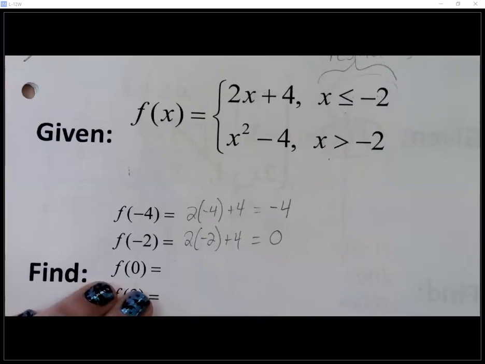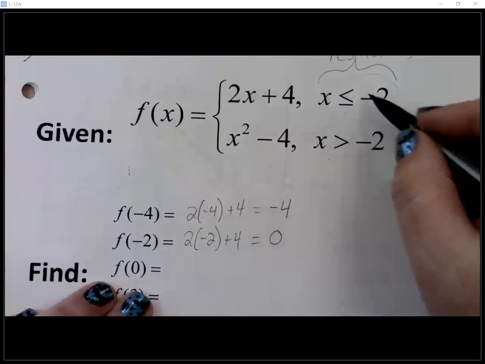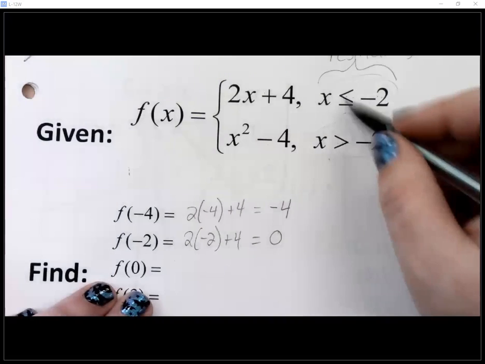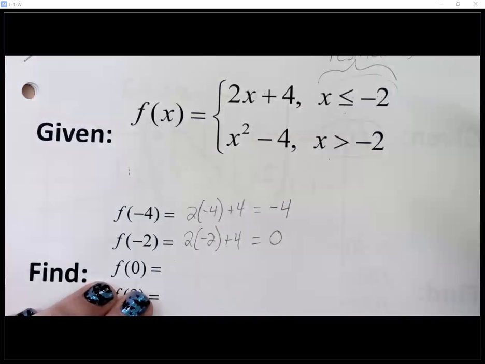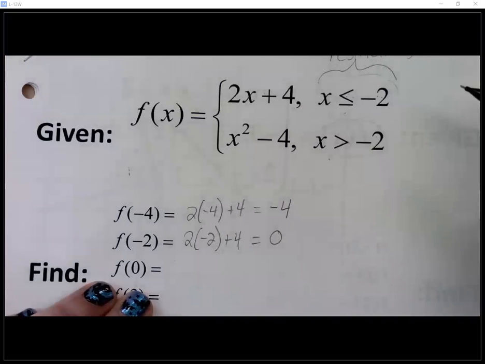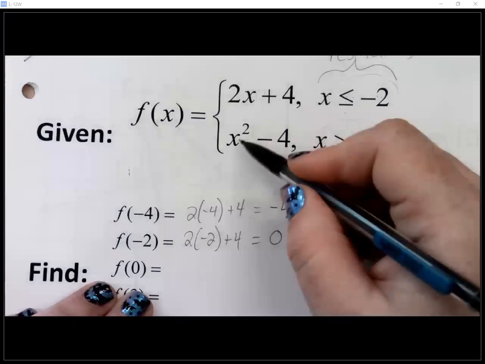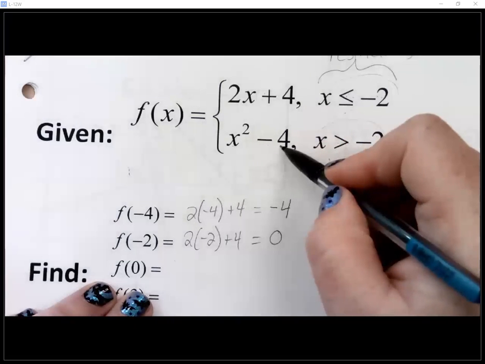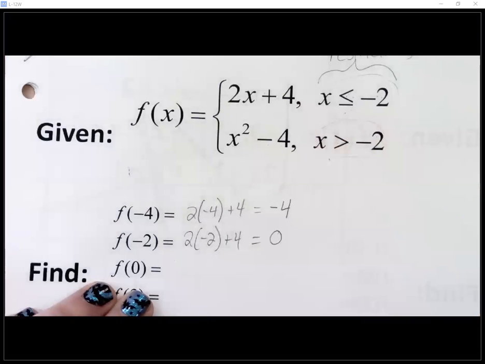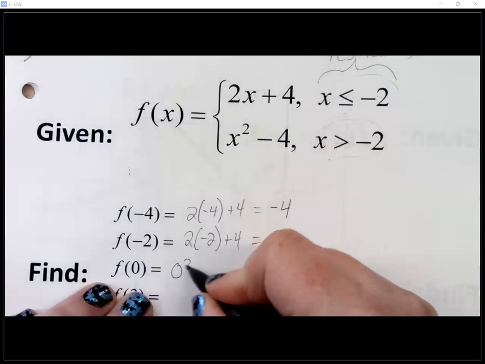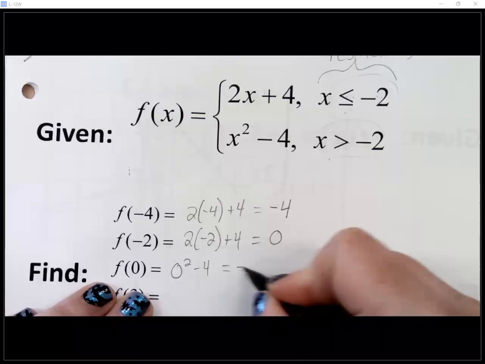Again, where does 0 fit in, top or bottom? The bottom this time, right? So I plug 0 into the x squared minus 4 piece. That gives 0 squared minus 4, which is just -4.